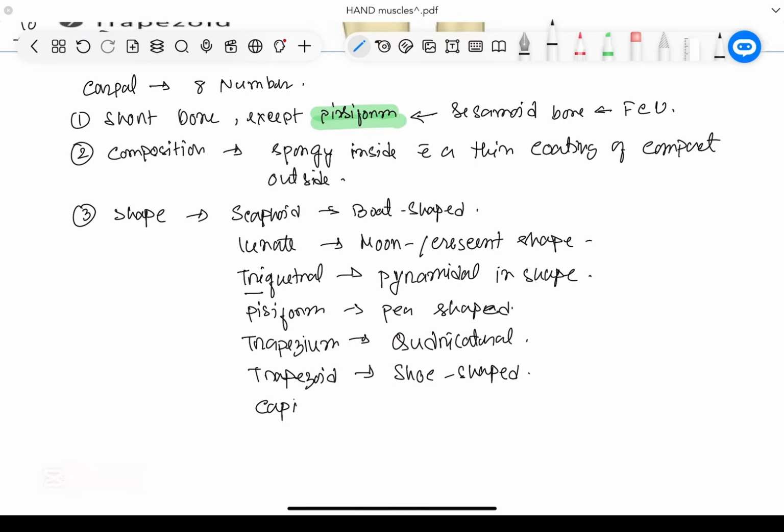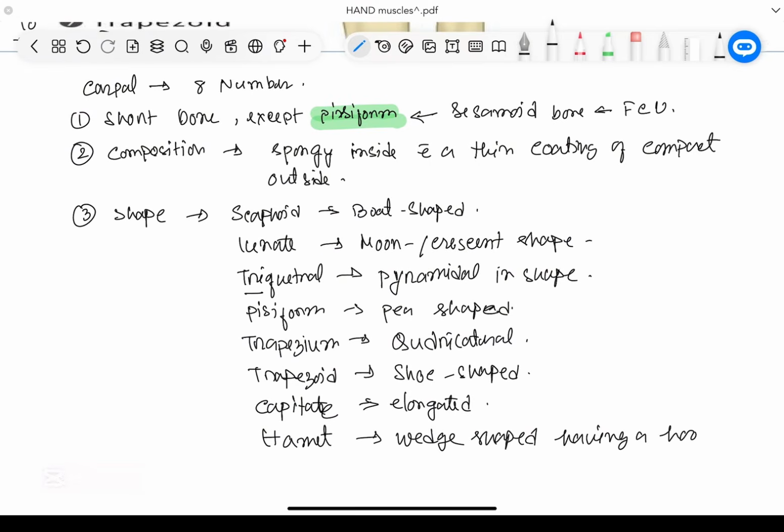Then capitate, it is the largest, elongated. And hamate. Hamate is wedge shaped and it does have a hook. Wedge shaped and having a hook.